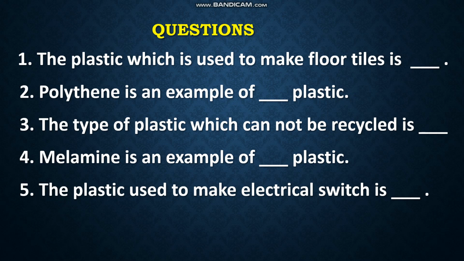Next question. The type of plastic which cannot be recycled is. Next one. Melamine is an example of dash plastic. Here also you have to write whether thermoplastic or thermosetting plastic. Next, the plastic used to make electrical switch is.